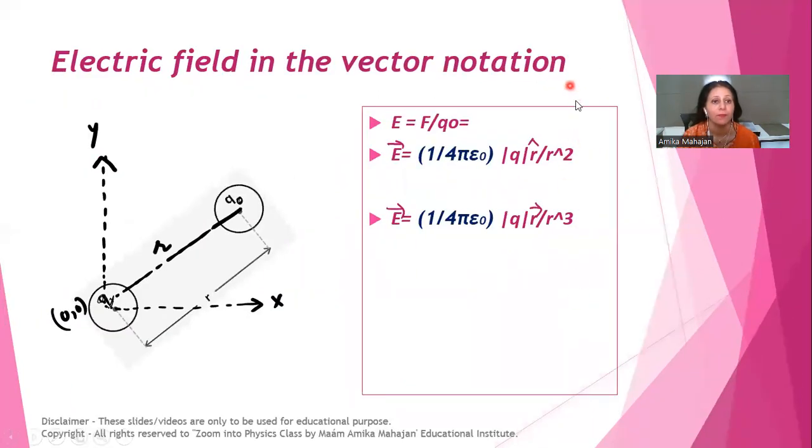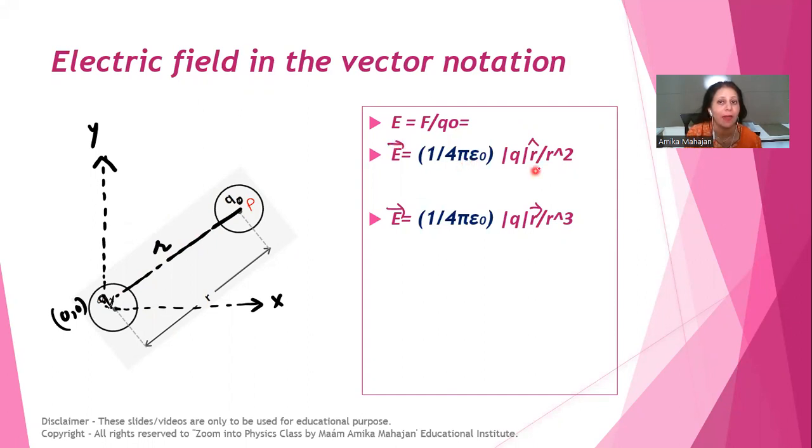Now, if this test charge Q naught is present at point P whose vector distance from Q is R, then to find electric field of Q at point P, this Q naught test charge is placed here. So what will be the electric field? Force per unit test charge. So when I divide by test charge, then Q naught will not be there in the electric field term.